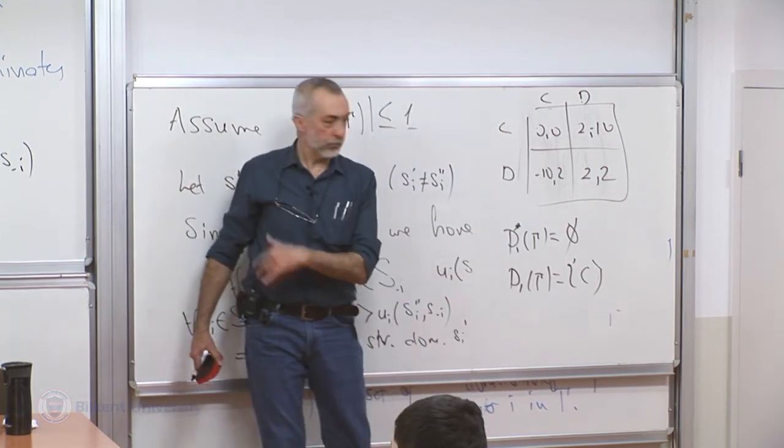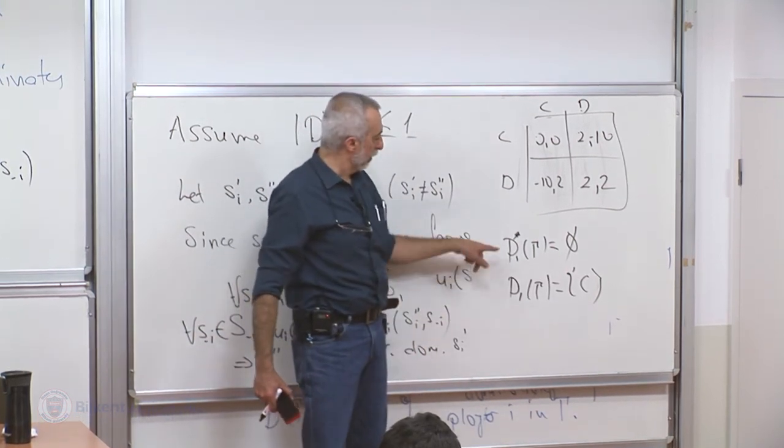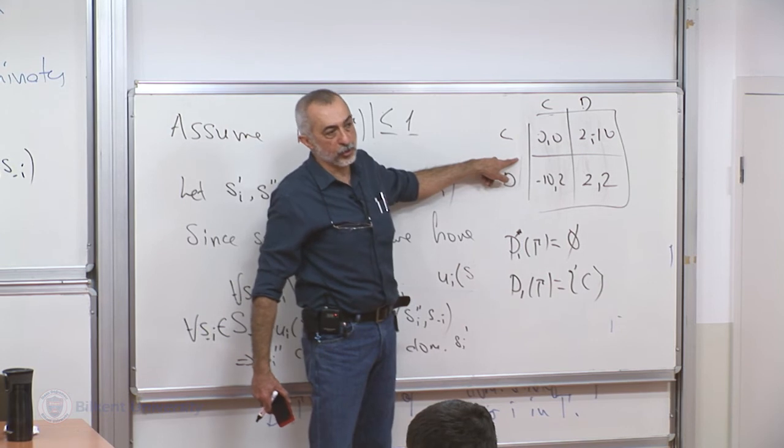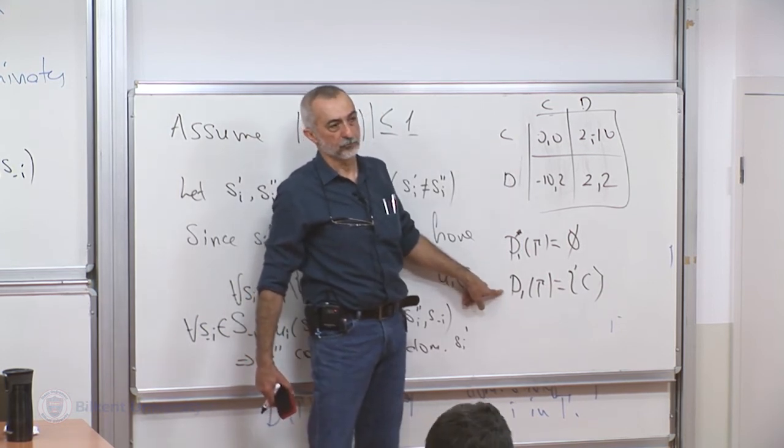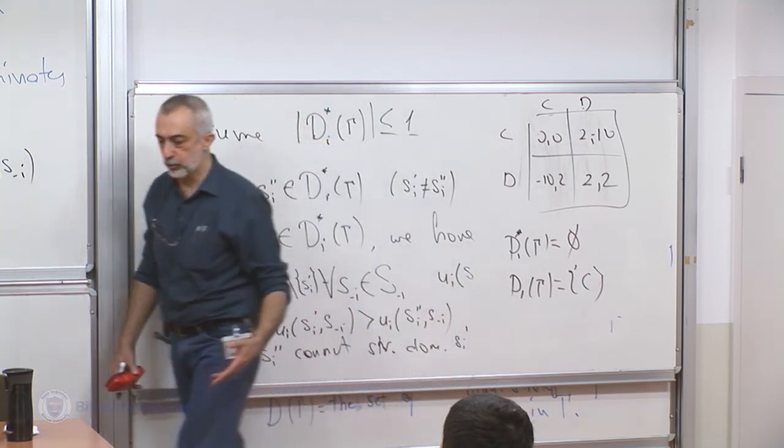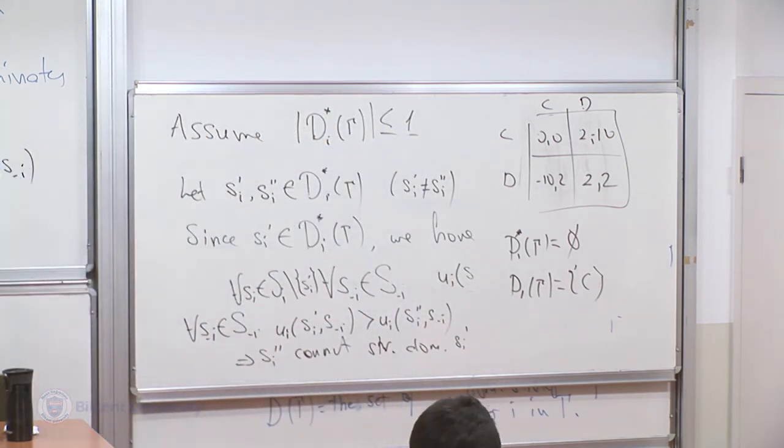The strictly dominant strategy solution concept does not make any predictions for this game, but the dominant strategy solution concept does. But unfortunately, for most games, it doesn't make any predictions at all.